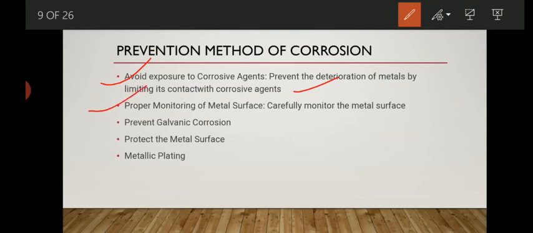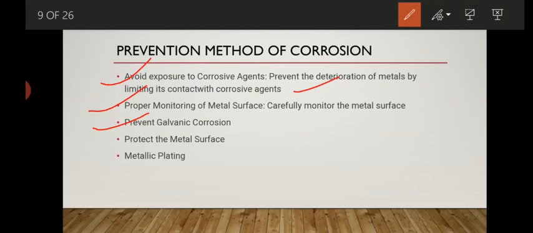Now the second point is proper monitoring of the metal surface, which means we have to take care of the metal from time to time. Third is to prevent galvanic corrosion. Galvanization is a process in which we apply a zinc oxide coating over the surface of the metal. What happens exactly?